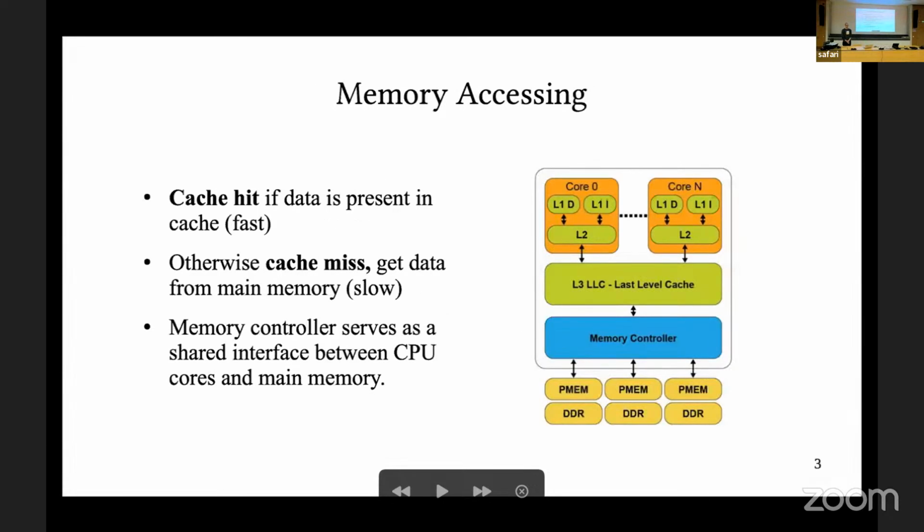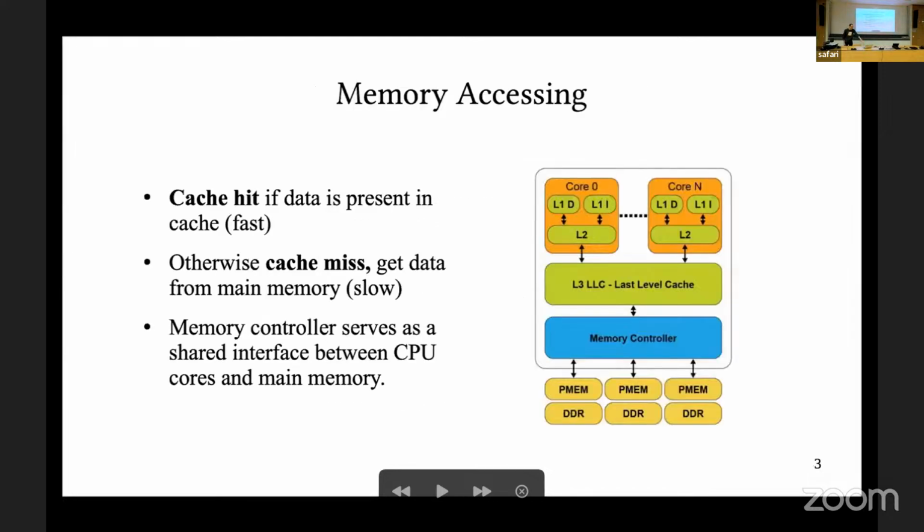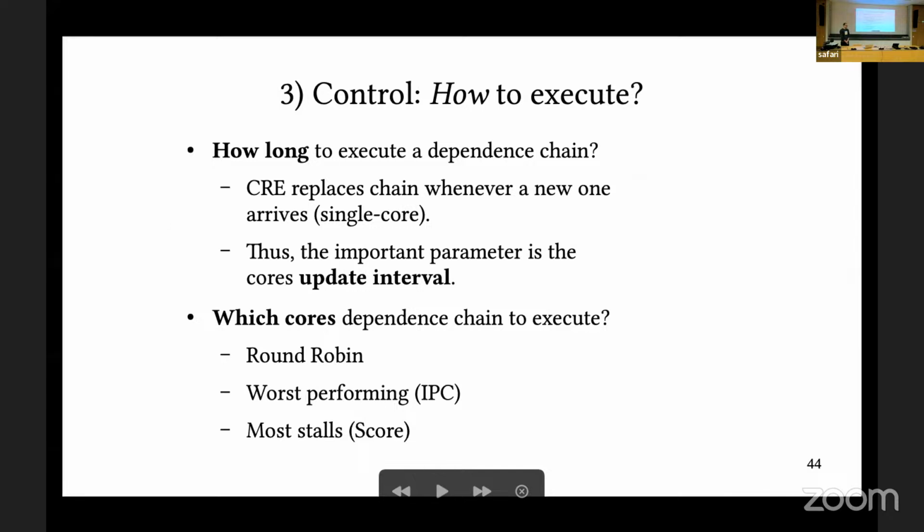Or we measure IPC, the instructions per cycle, how much work the CPU is actually getting done, and we take the one that has the worst, the least efficient, and we try to speed that one up. Yeah, this third policy basically keeps score. That's why I call it score. The score is basically how often the CPU is stalled, and the one that stalls the most is the one that gets our attention from the CRE.